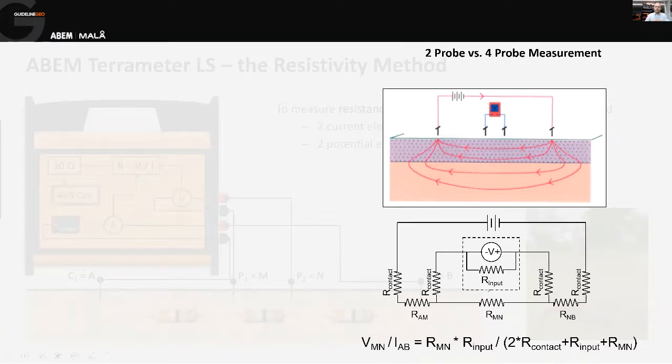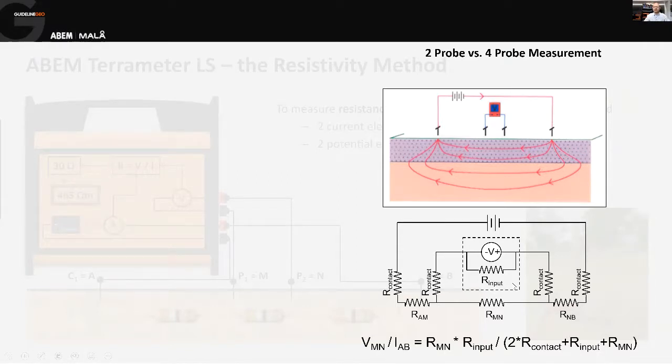So basically, with our 4-probe setup, if we take Ohm's law for how we calculate resistance, well, we take the measured voltage, so that's the voltage between our central electrodes, and we divide it by the current flowing between our current electrodes. So that's what we said in the previous slide. And so the resistance that comes back is going to be the sum of a lot of different components of the system. So it's going to be the contact resistance, that is the resistance at the point where the electrodes meet the ground.